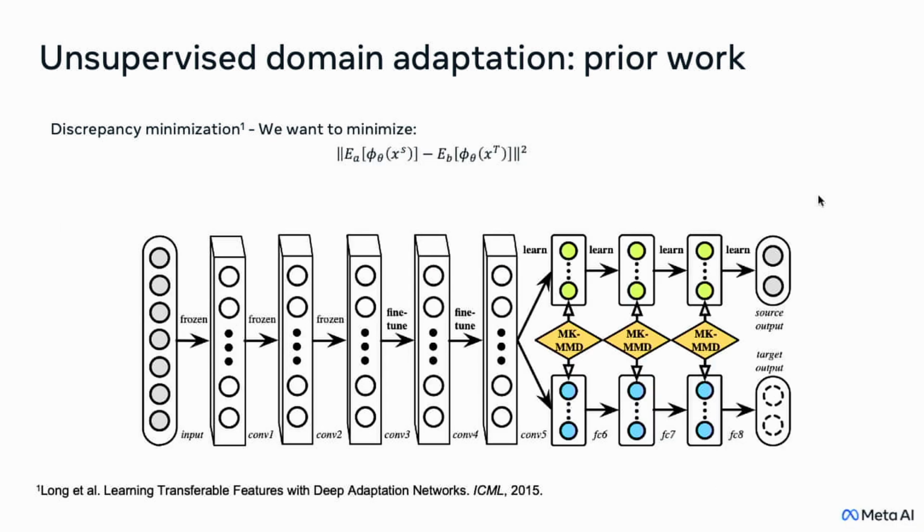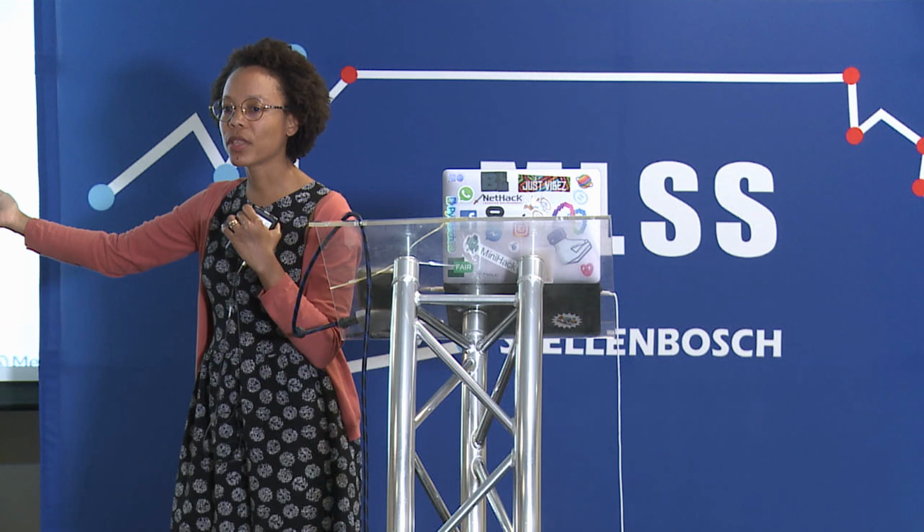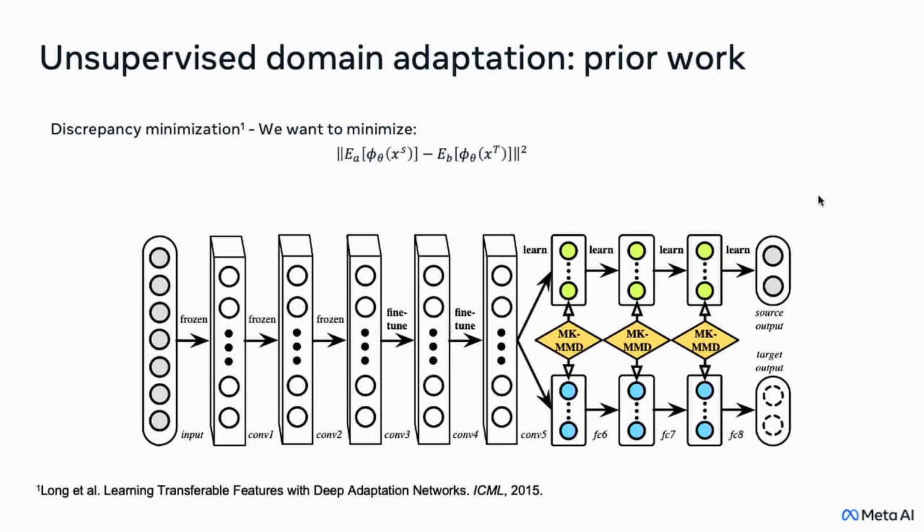I'm not going to go through this in too much detail, but this is just to say that one way you can apply this is using the following type of network, where this network is going to embed both source images and target images. You're going to have a part of the network that's shared between the source and the target, and a part of the network that is split. So you're going to have a network dedicated to the source domain and another one dedicated to the target domain.